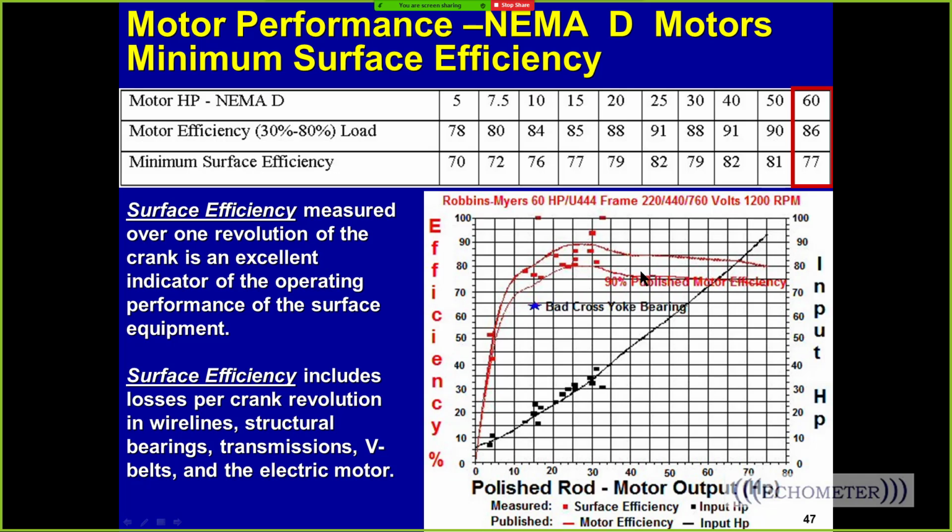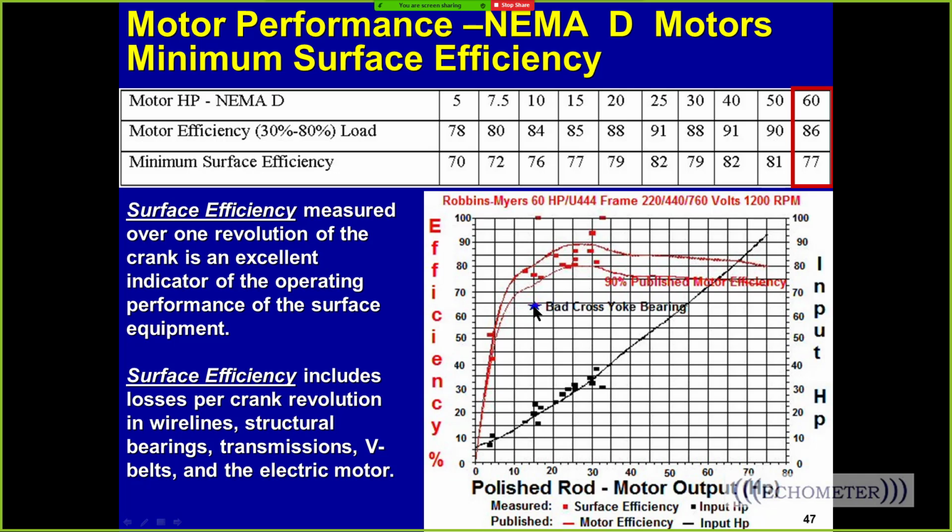And so I said, hey, we ought to look and see if we ever find a surface efficiency on a beam pump system that's less than 10% within the nameplate, the published efficiency of the motor.